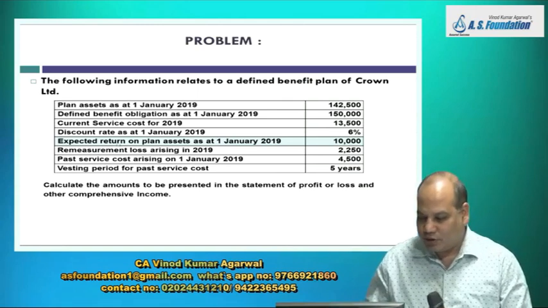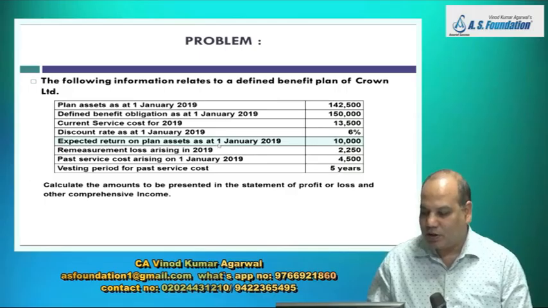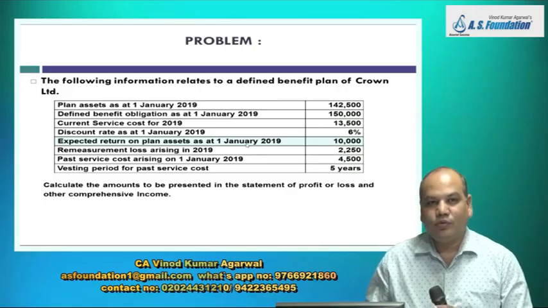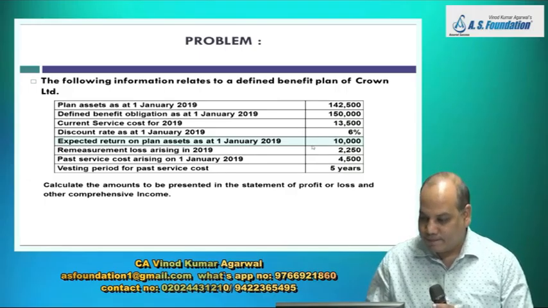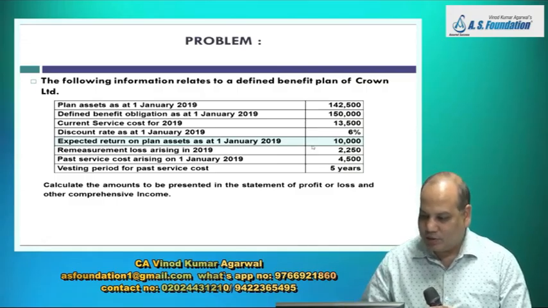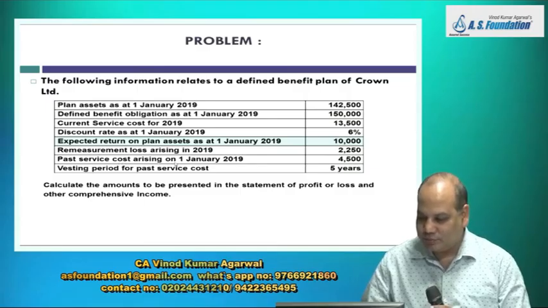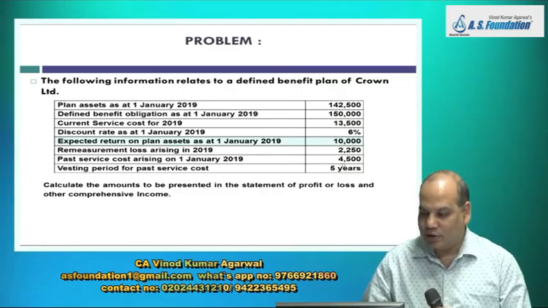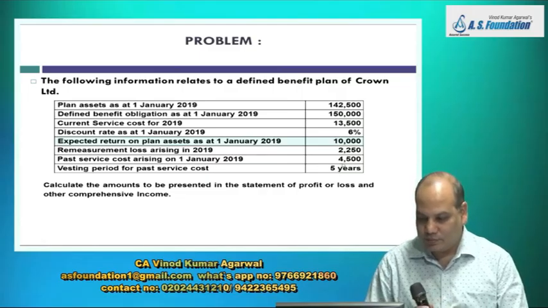Okay, now I was reading this line. Expected return on plan asset on 1st January 2019, 10,000. Remeasurement loss arising in 2019, 2,250. Past service cost arising on 1st January 2019 is 4,500.